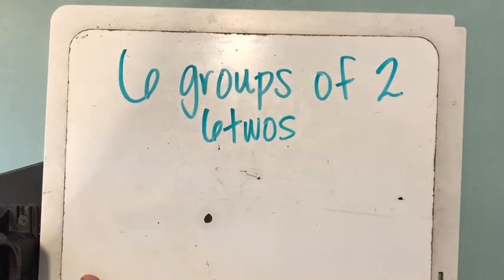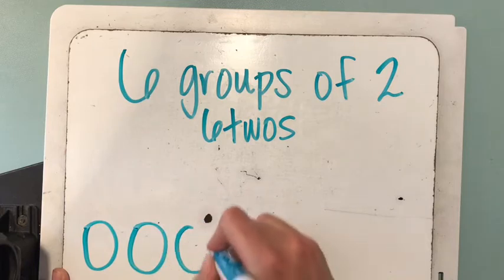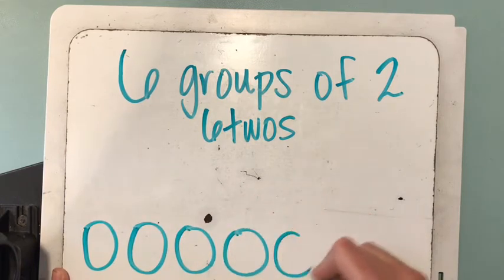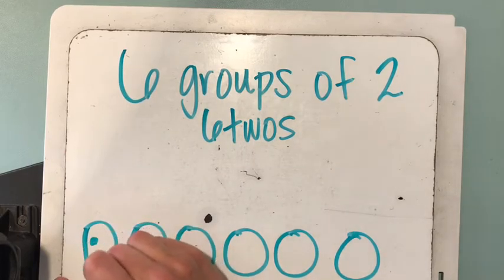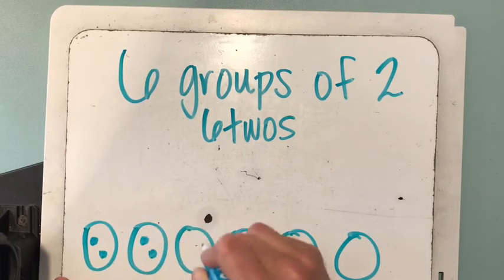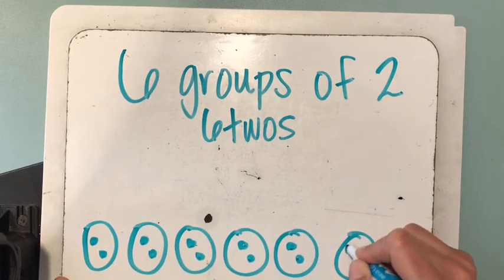But I want you to do a repeated addition sentence for that. So if I had 6 groups, 1, 2, 3, 4, 5, 6, right? I have 6 groups. Now I want you guys to watch this. You don't have to do this right now. I have 6 groups, and I'm going to put 2 in each group. 1, 2, 3, 4, 5, 6, 7, 8, 9, 10, 11, 12.